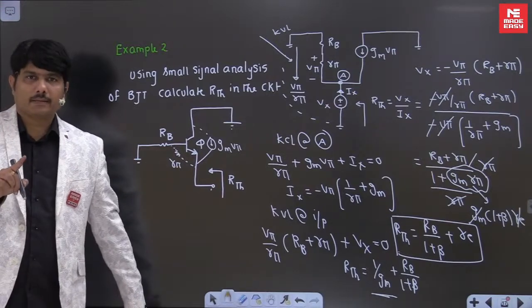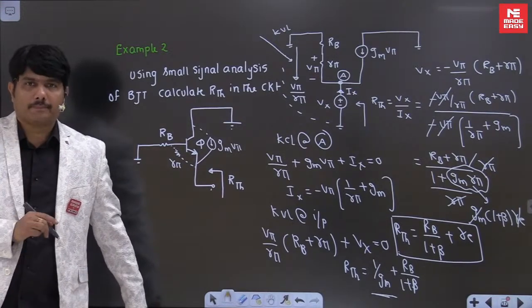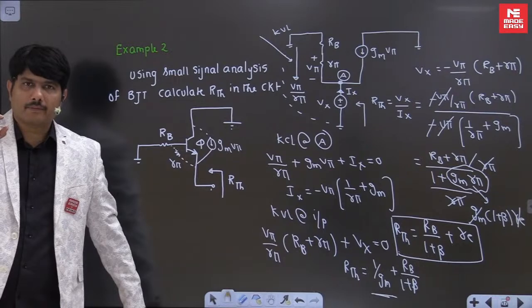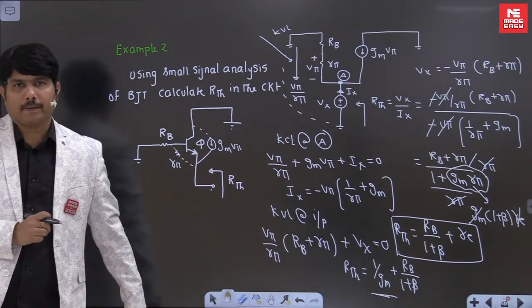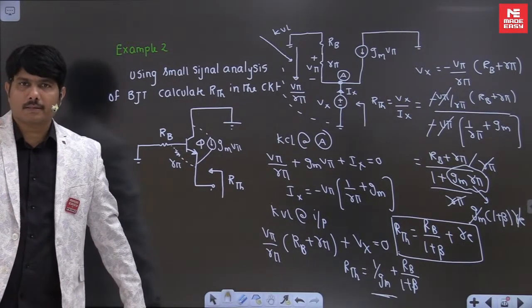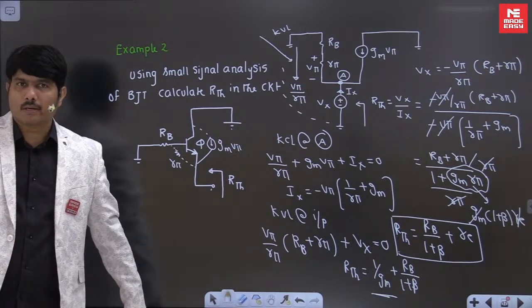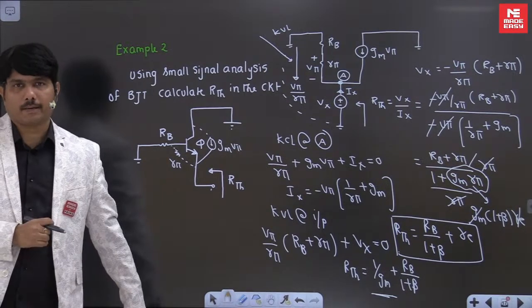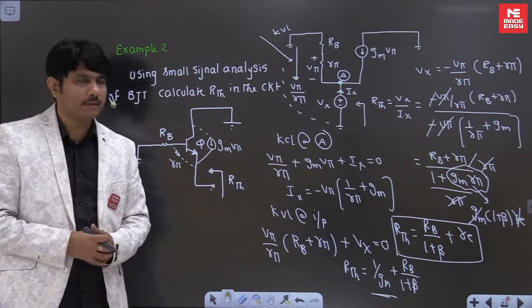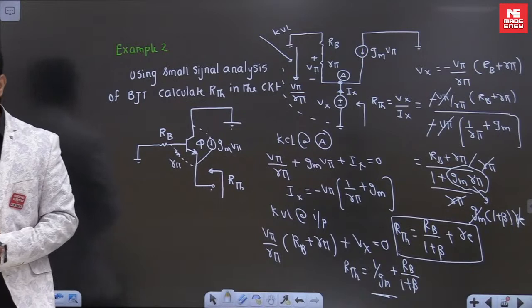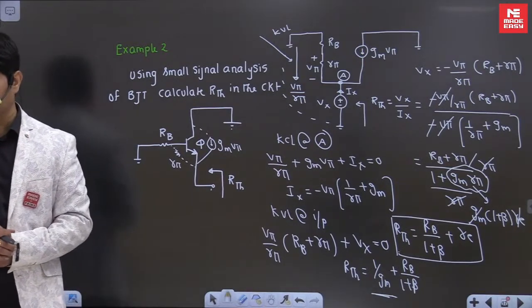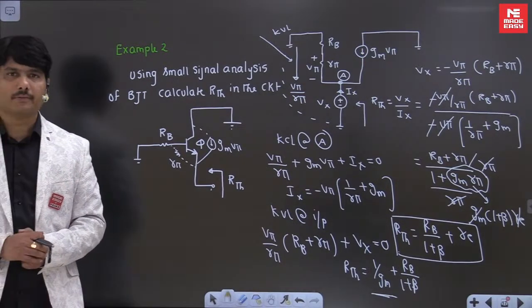And RB is a quantity followed by 1 plus beta times, because small re, whenever you write, on the other side you should not write R pi. Because small re is the resistance at emitter side. You should balance the concept. If you write small re, RB has to be divided by 1 plus beta times. That's a shortcut trick also. Easily you can write the answer straightforward if you have good basics on the modeling. This much calculation is not required to solve.